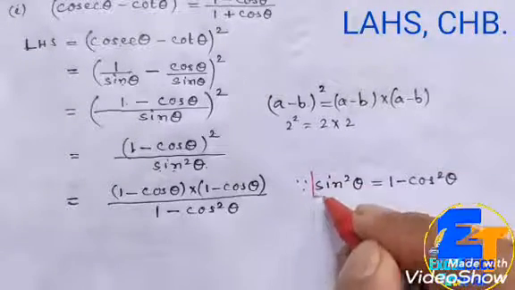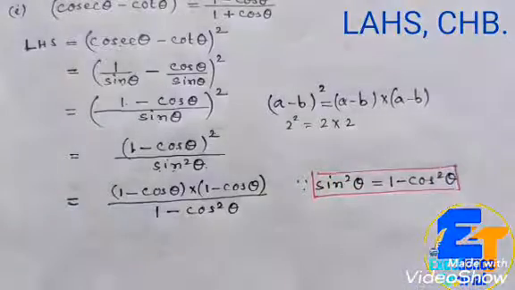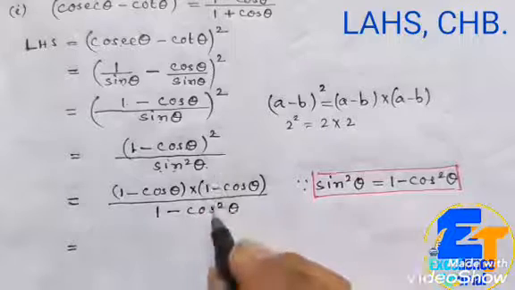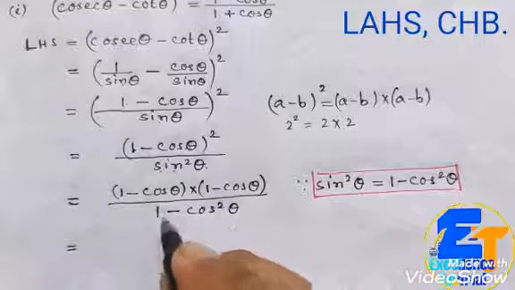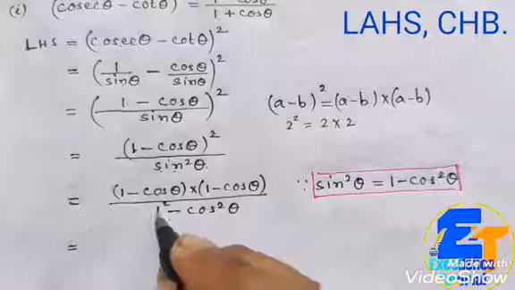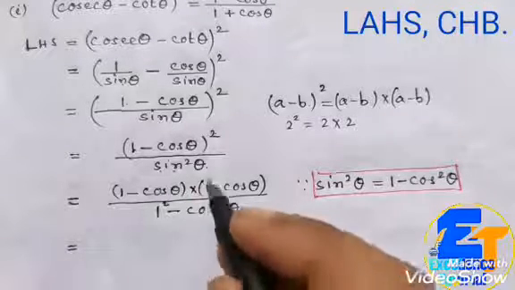In this step we have used this identity. Now see, here 1 put a square sign, 1 square will be 1, it does not change the meaning of the question.